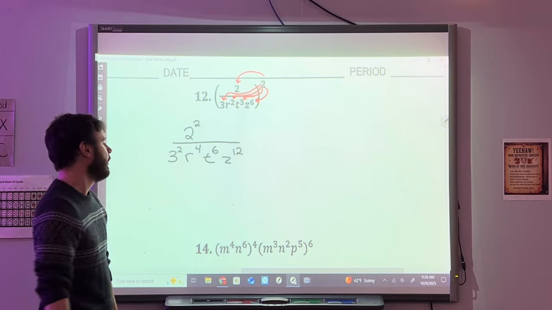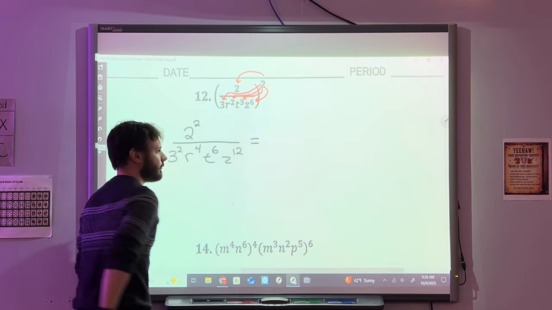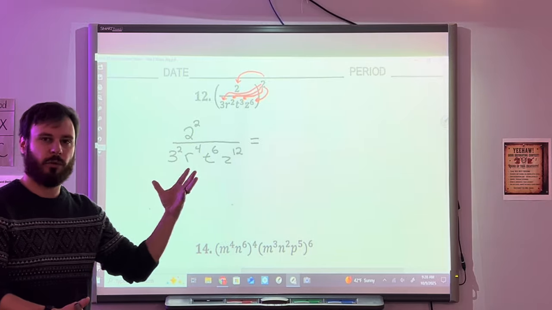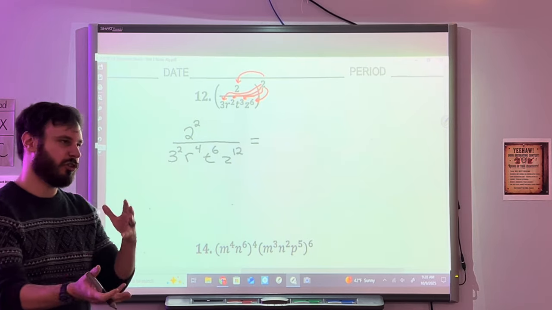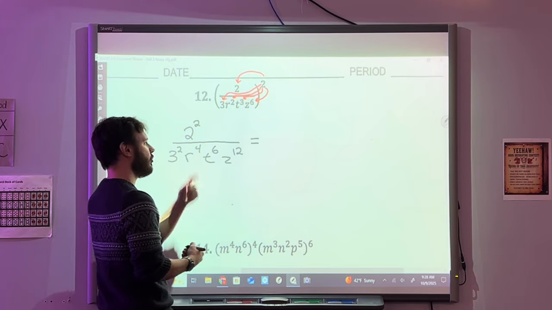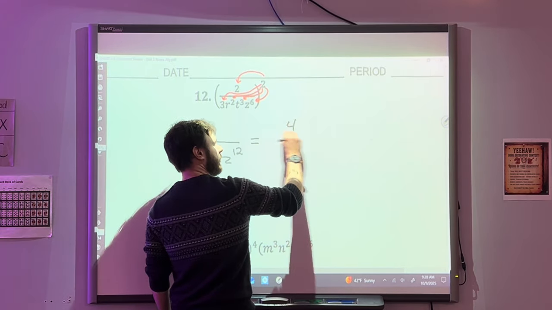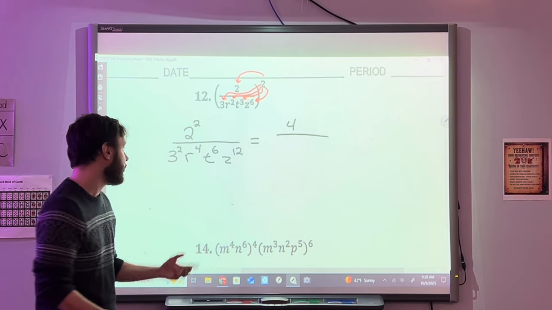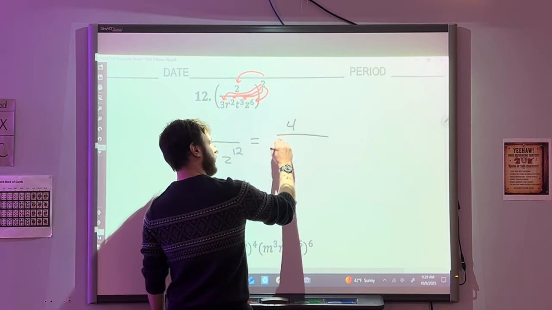Okay. Now the variables are done. I don't see any negatives, so no one needs to go flip and change signs. I just need to make sense of these because 2 squared is a real number. It's 4, and if my goal is to simplify, I need to present what the number actually is. 3 squared is a real number. It's 9.